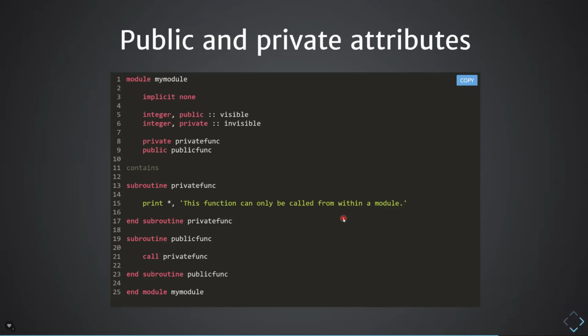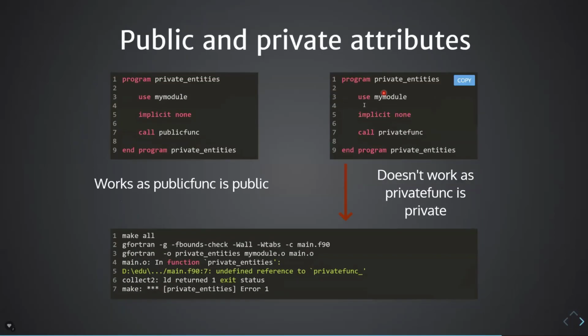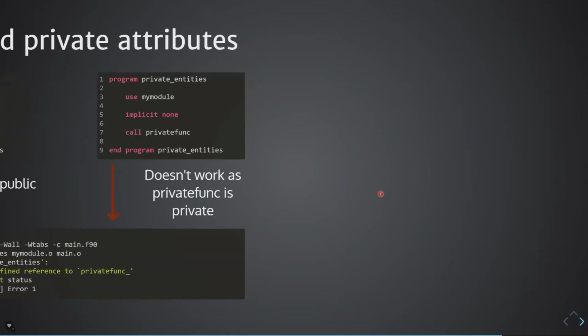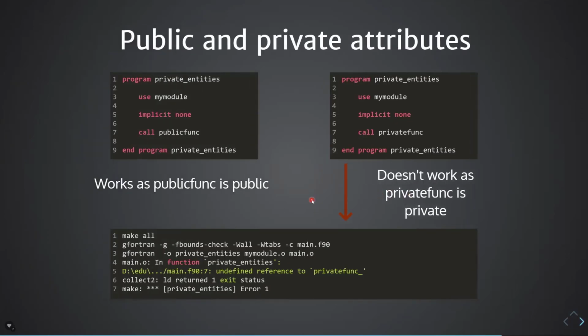And if I try to, in my main program, call the private function, you will get something like this. So when you compile it here, actually, it will not find a link to this function. So it is actually not possible to compile a program where you call a private function. It's invisible.